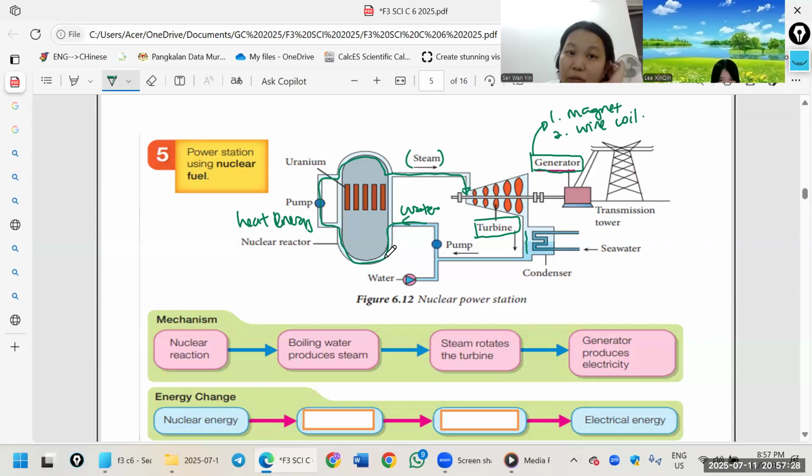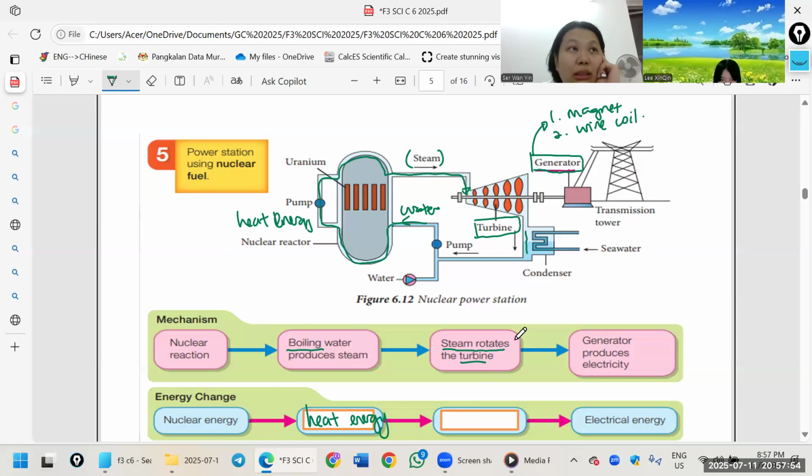Okay, then next we are using nuclear reaction, nuclear energy, to boil water. Boil water means what kind of energy here? Yes, boiling water means heat energy. And the heat energy makes the steam rotate the turbine.